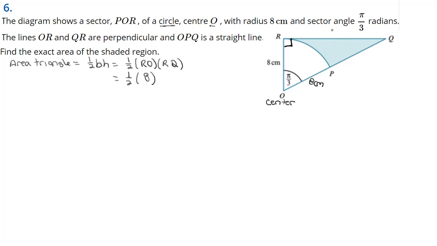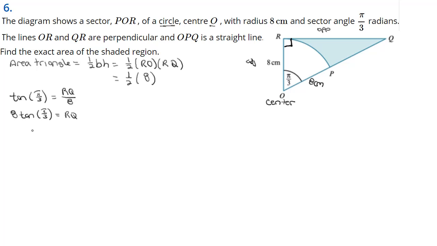That's one side of a right triangle, and I happen to know an angle. In fact, it's going to be the opposite side. I also know the adjacent side, so I'm going to use tangent, and the angle is pi over 3, and opposite over adjacent, I'm going to call the opposite RQ. Multiply both sides by 8, and I get 8 tangent pi over 3, and that's going to be my RQ.